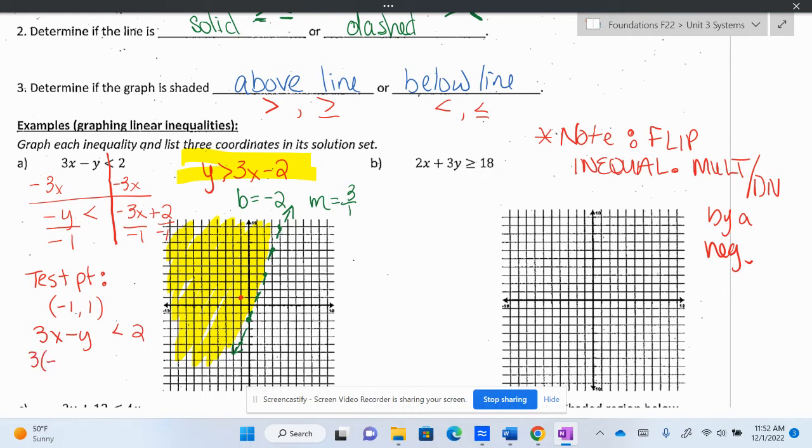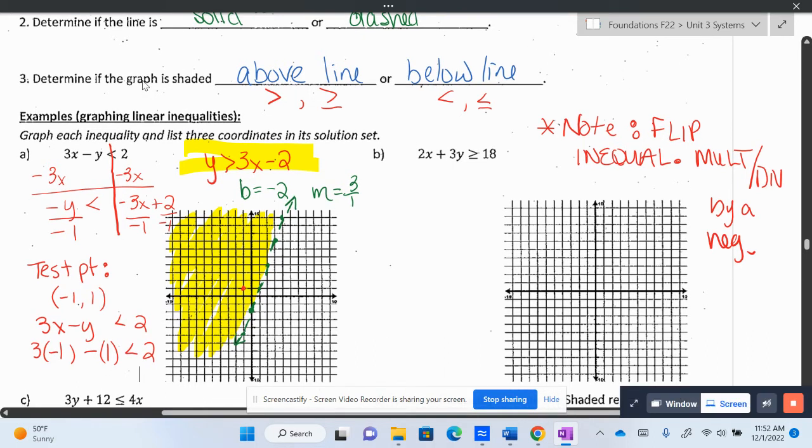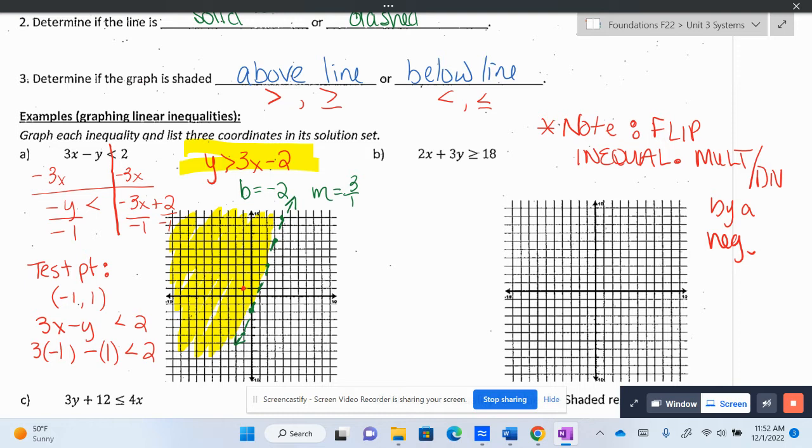So 3 times -1 minus y, which is 1. And it better be less than 2, if we graph this right. So what is 3 times -1? And -1. What is -3 minus 1?